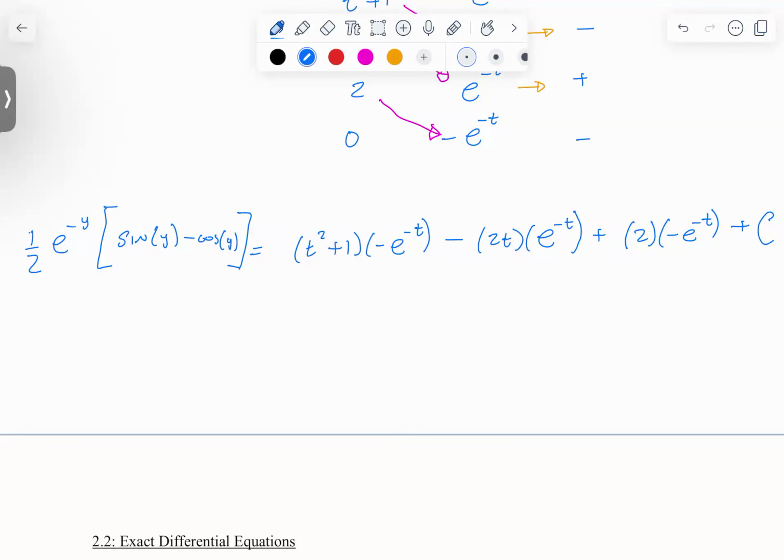If you have to do lots of them, it's still faster than doing integration by parts twice, but tabular integration speeds things up just a little bit. And then we can simplify this guy down.